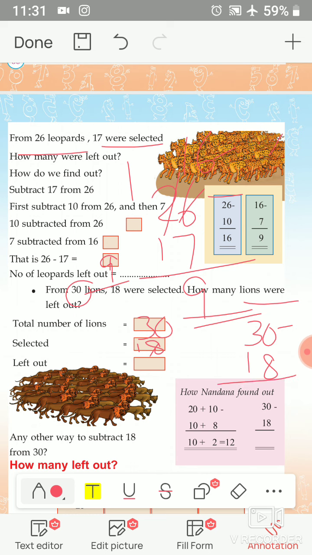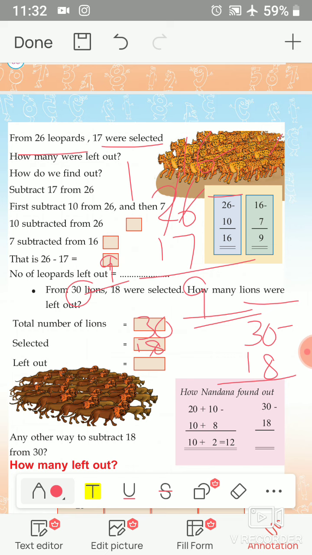Here two methods are discussed. We only need to study one method thoroughly. Okay. Then subtract 30 minus 18. All of you subtract 30 minus 18. Here look at this number. 0 minus 8 is not possible to subtract. So what will we do?